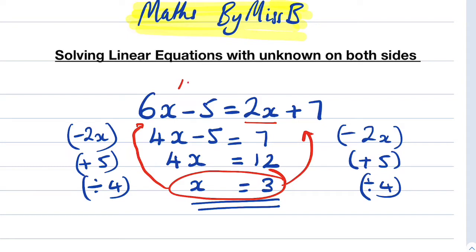No, it won't. It will give you 13. Put 3 onto the right hand side here. 2 times 3 is 6. 6 plus the 7 will give 13. Now you've got the same answer on both sides. That indicates that this must be the correct answer.